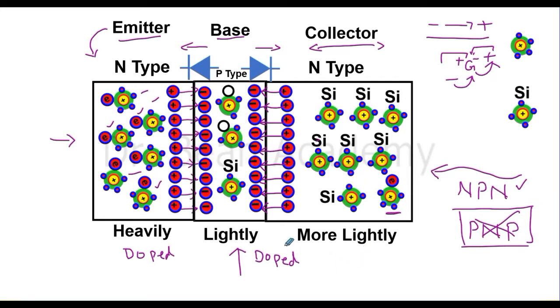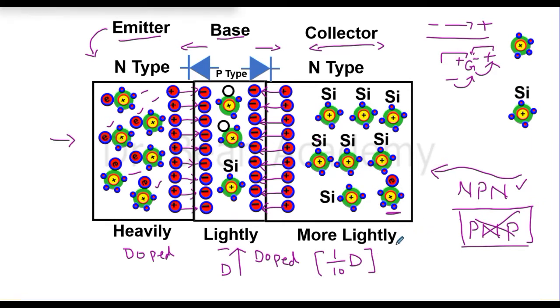In fact, suppose the doping level for the base is D, then the doping level of the collector will be 1 over 10th of D. So the doping level of the collector is 10 times lesser than the doping of the base, because I have already told you that the base is lightly doped, but the collector is even more lightly doped than the base.